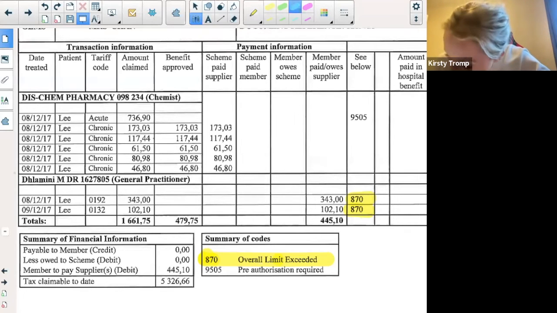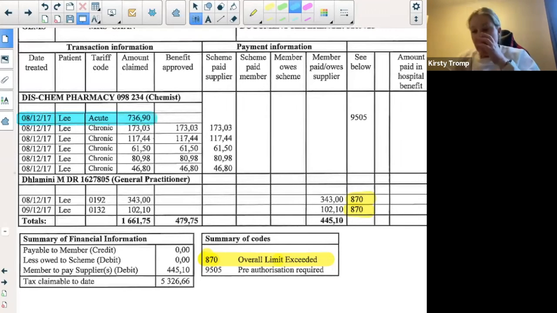So I'm going to mark it for you. There's that acute medication price. You need to increase it by 6.3%.